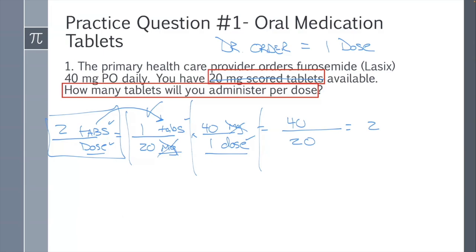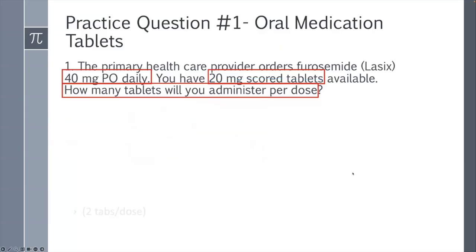That's true. That's what I had available. And then my doctor's order was for 40 milligrams for 1 dose. That's what they wanted my patient to get. Okay, so that's my 1 dose. I know I set my question up correctly and I do my math. That's going to be 2 tablets per dose. All right, let's put that out and go to the next one.